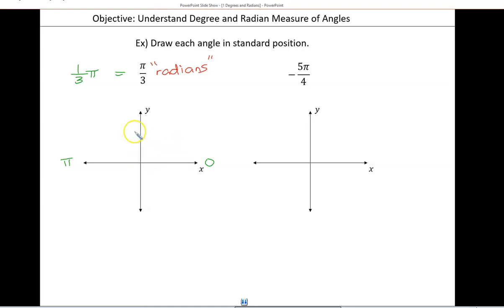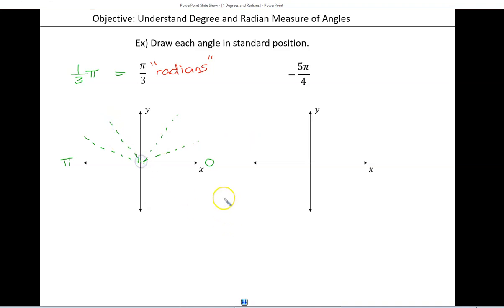So I'm going to take each quadrant and divide it into thirds, just like we did with the degree measures. So this is a 30, that's a 30. Boy, those are not good straight lines. Let's try that again.